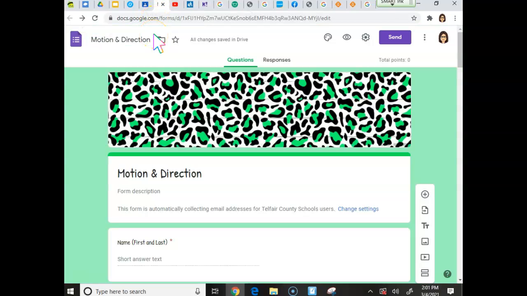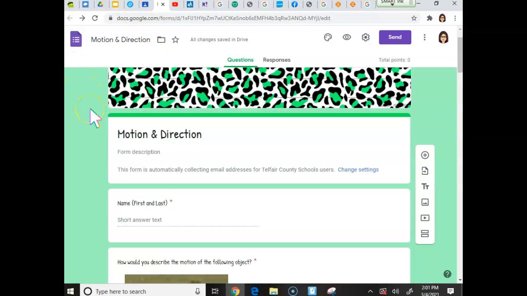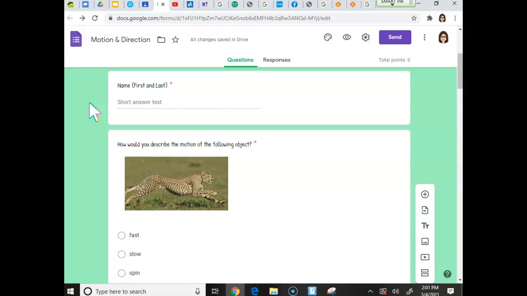All right, think about things. We talked about it a little bit yesterday. Things can move in different ways. Some things will move fast, some will move slow. Some things will move straight in a line. Some will move zigzag or side to side.